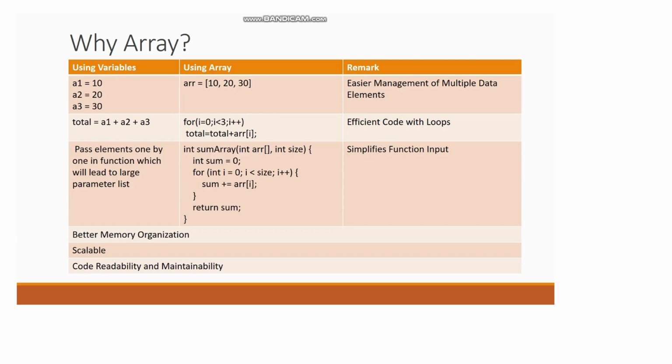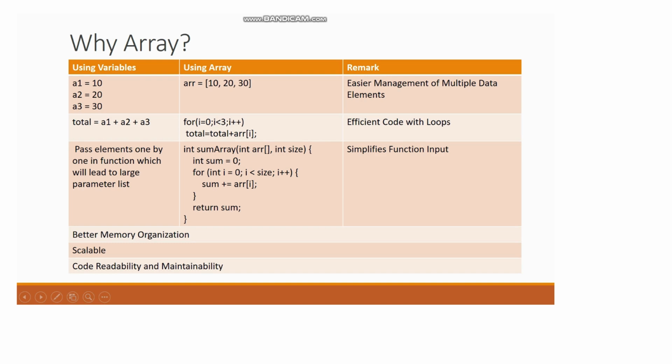So first of all, let's understand why array. I hope all of you are aware of variables. As you can see with my mouse cursor, in the first column I have written a1 is equal to 10, then a2 is equal to 20, a3 is equal to 30.